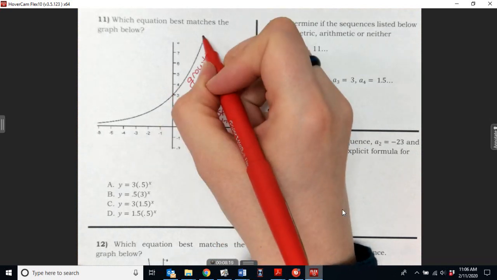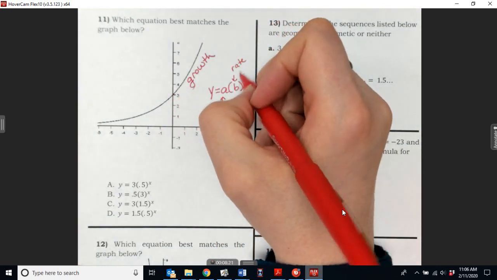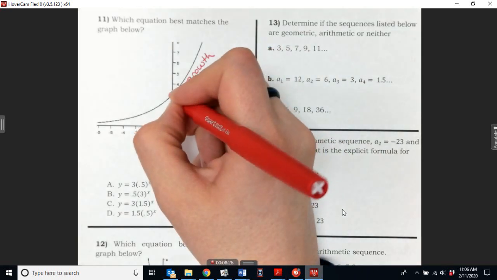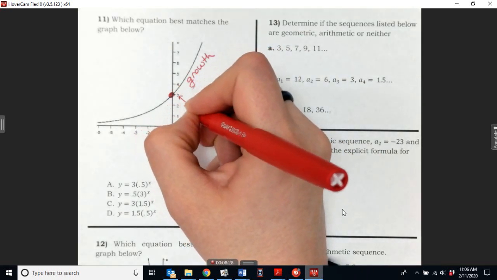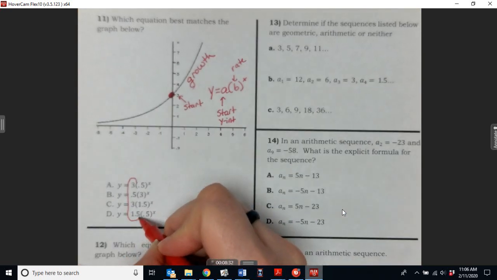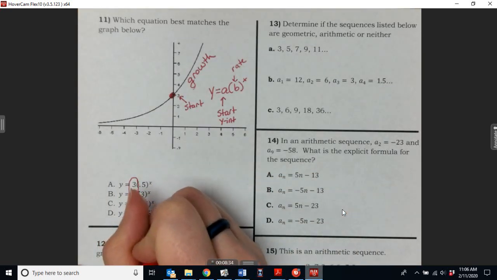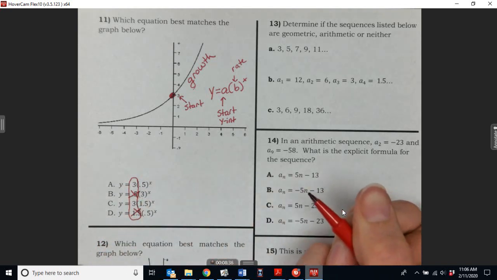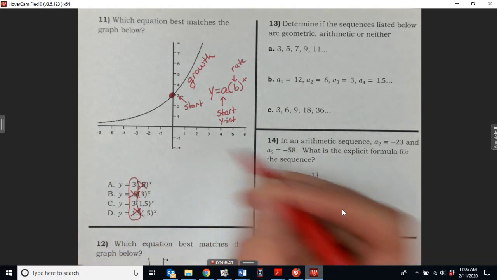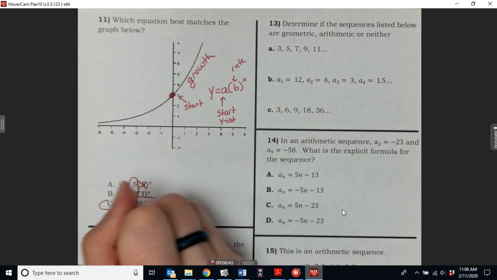So it's a growth function, which means that my rate has to be bigger than 1. And I start at 3. So my first number has to be a 3, which means these two are out. And then my rate has to be greater than 1, which means that one's out, and my answer is C.